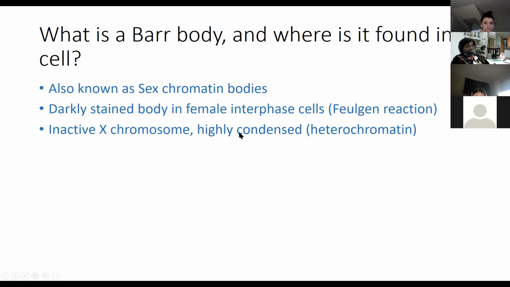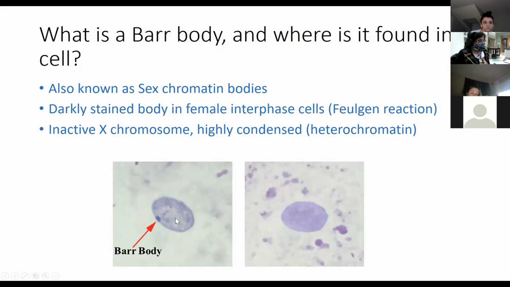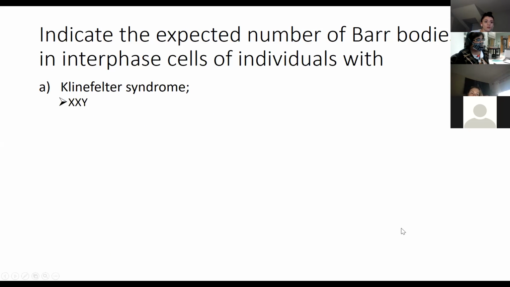And they are highly condensed, so you cannot reach it for gene transcription or all that fun stuff of gene expression, right? So this is a bar body. You can see it's like tightly condensed DNA itself.